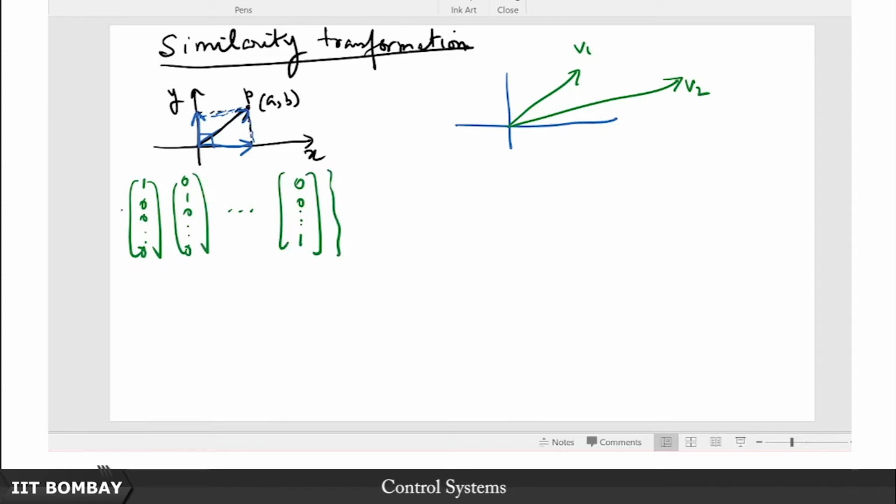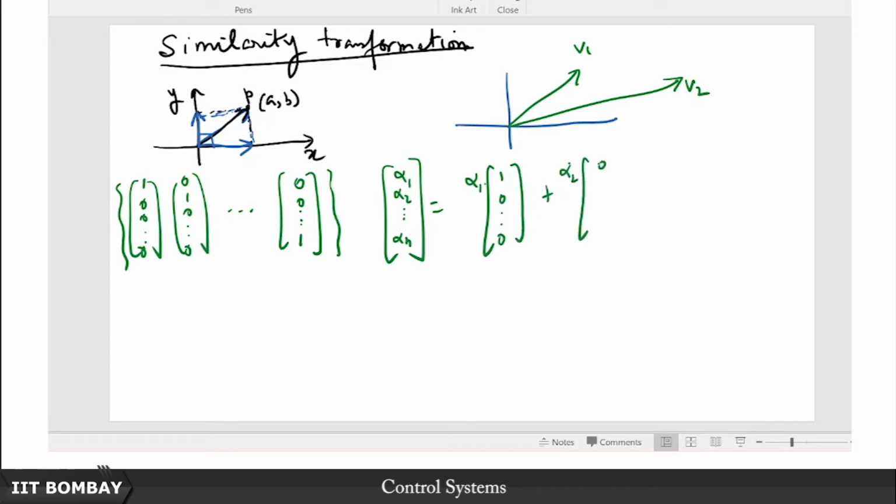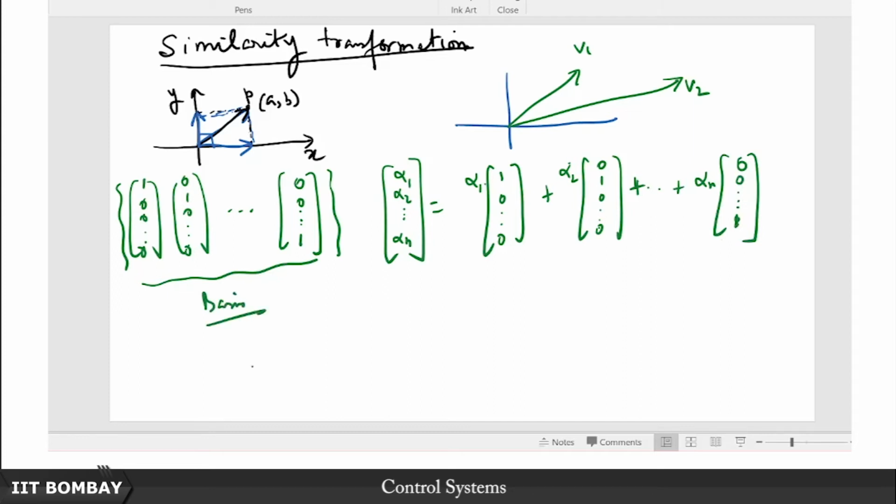If you take this as a set of vectors in n-dimensional space, then any vector, say alpha 1, alpha 2, dot dot dot till alpha n, is nothing but alpha 1 times 1 0 0 0 plus alpha 2 times 0 1 0 0 0, and so forth. So it is very conveniently represented in terms of these vectors that I have chosen. This is what is called the basis.